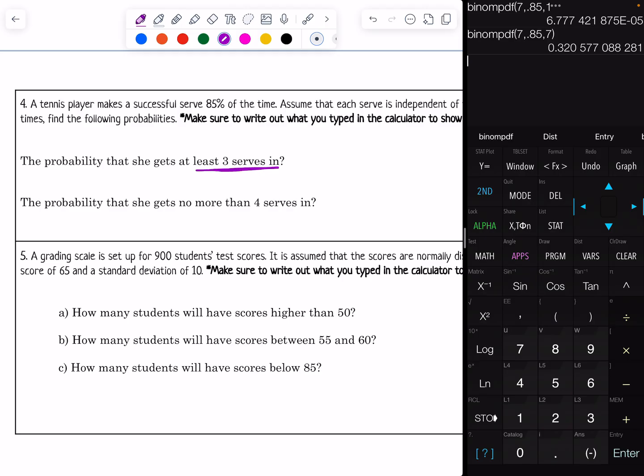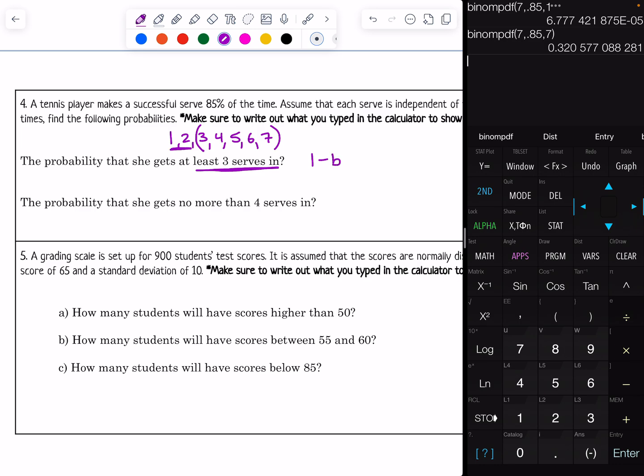So at least 3. What I like to do is think of all the numbers possible to figure out what I need to tell my calculator. So if there's 1, 2, 3, 4, 5, 6, 7 serves, and she wants the probability that she gets at least 3 in, she wants the probability of 3, 4, 5, 6, or 7. So you have to tell your calculator to subtract out the probability of the ones that come first.